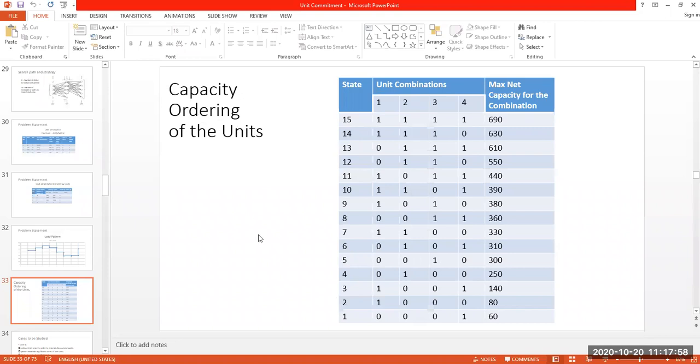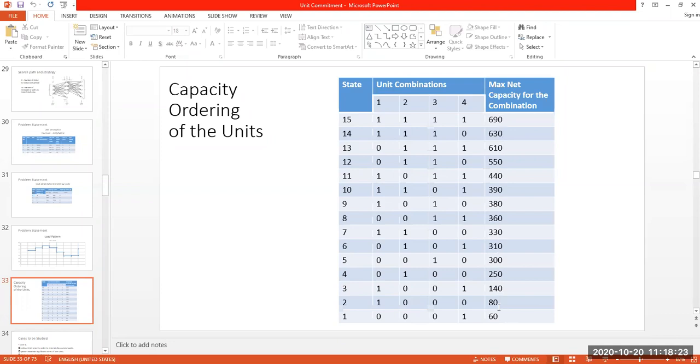First you can prepare a list based on binary ordering, and then you shuffle the combinations in such a way that you move from the least maximum capacity to the highest maximum capacity.